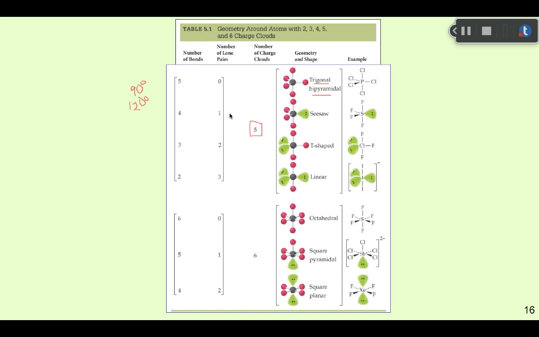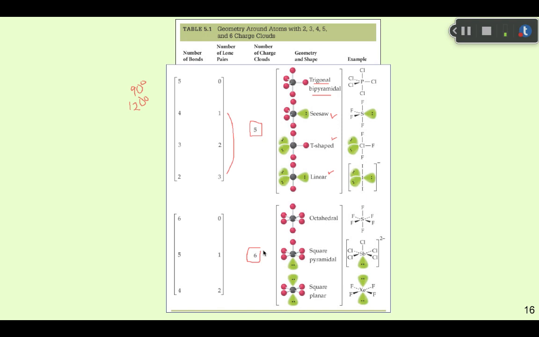If you have lone pairs in these examples, they're no longer trigonal bipyramidal, but seesaw, T-shaped, or linear, with progressively more lone pairs in each of those options.